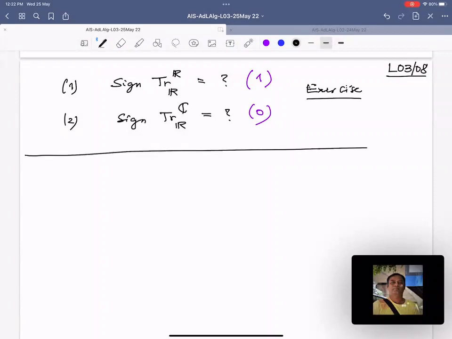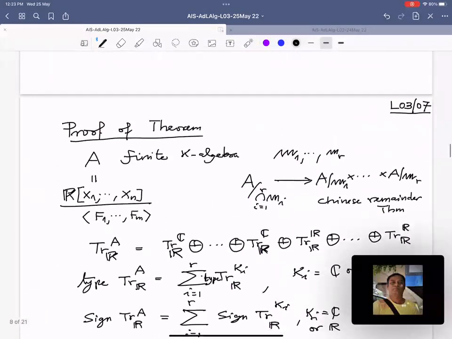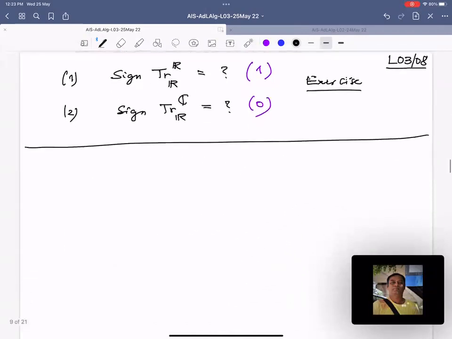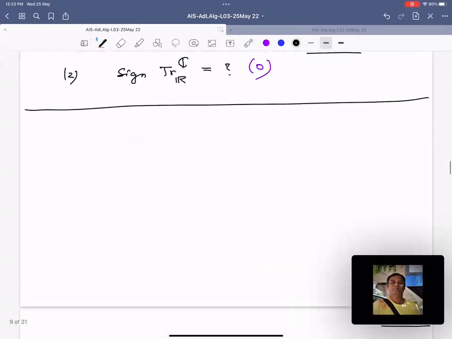Okay, so what is more interesting, somewhere in this proof, you will have to use more general trace forms. So, for example, the following theorem will be interesting.